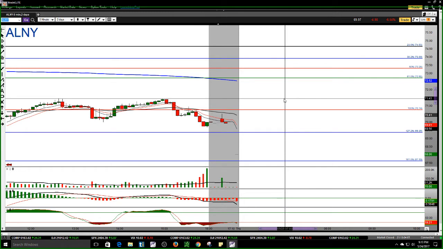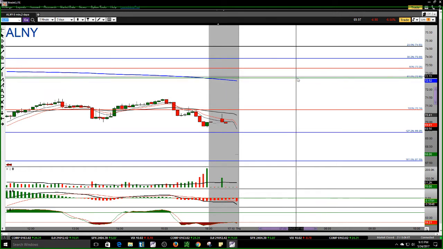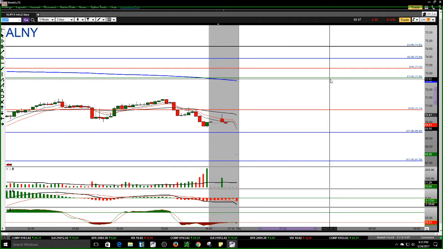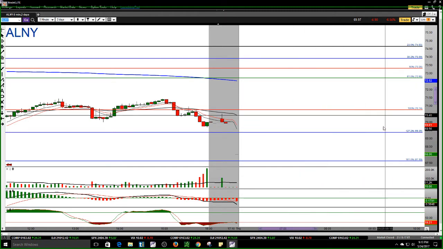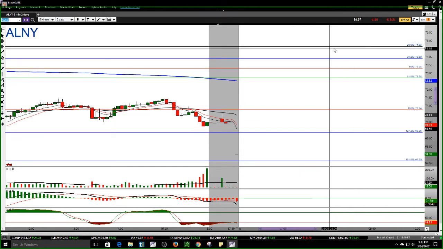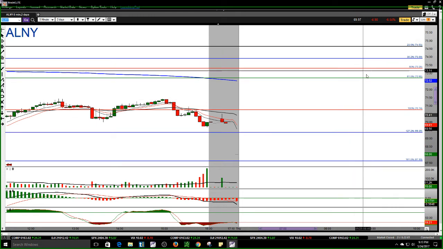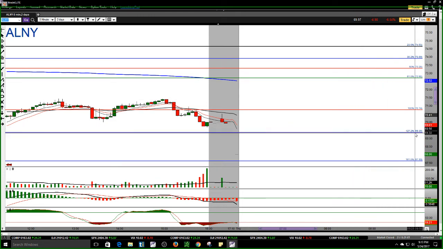Mine are pretty straightforward. I like to use my 100% as the red line, my 50% as the red line, my 32 and my 61% as the blue lines, and I rarely ever use the 23%, but it just stays there, and I rarely use the 127.